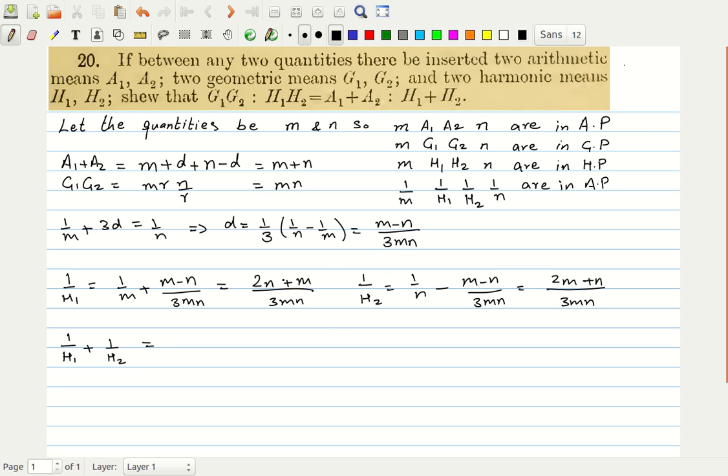So we have 2n plus n is 3n, then m plus 2m is 3m, divided by 3 times mn, and this is equal to m plus n divided by mn. Remember that a1 plus a2 is m plus n. And mn is g1 times g2.